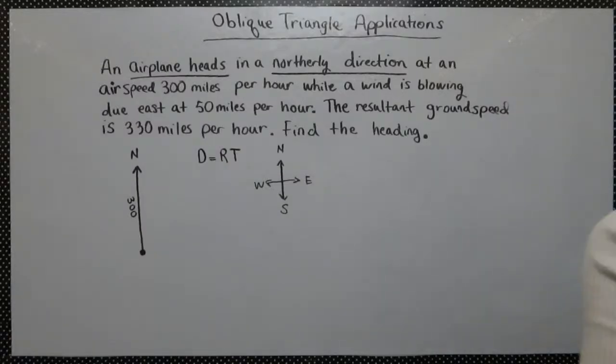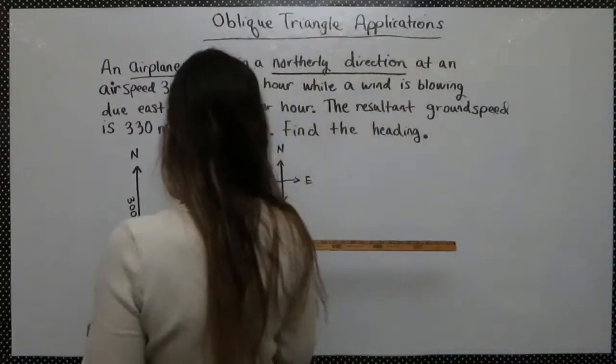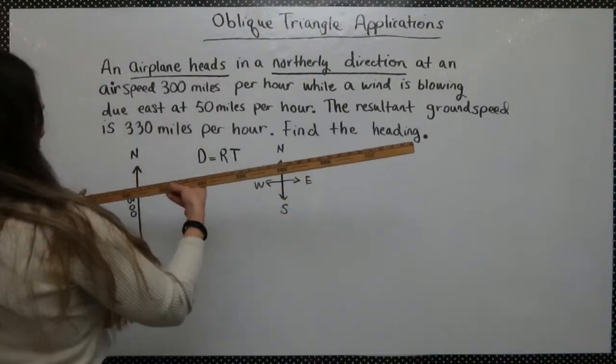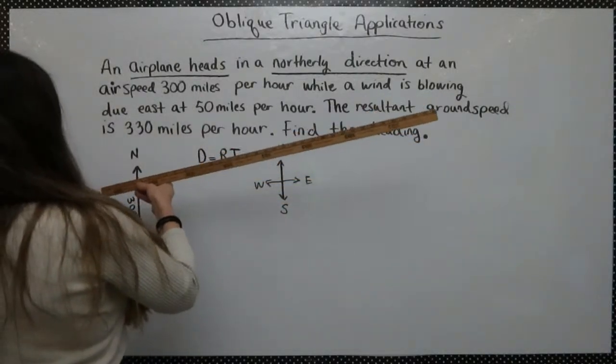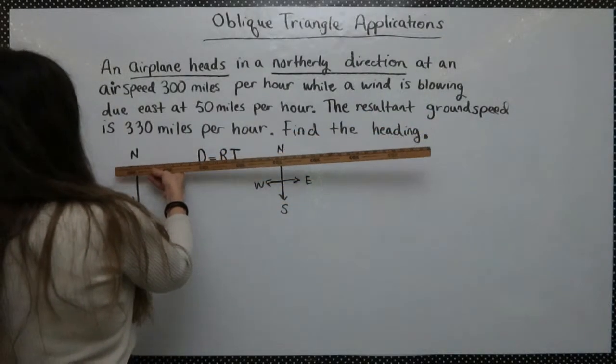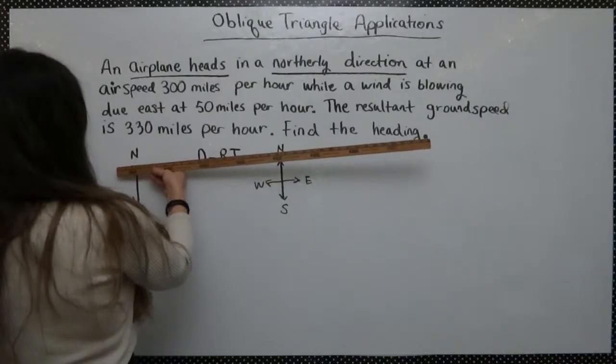Okay, so we just have to do 5. So 50 from 300 would be about like this.